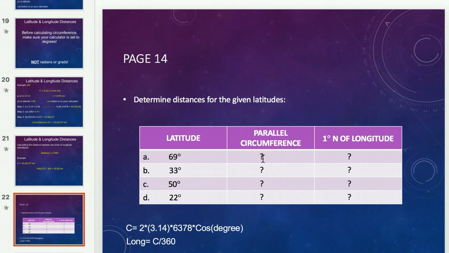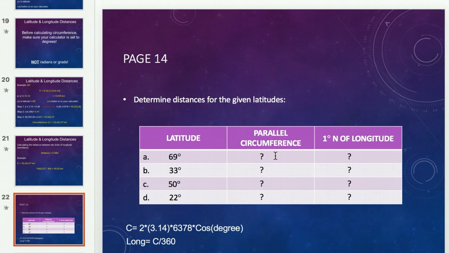For this one, you're trying to find your parallel circumference. Parallel circumference is going to be C, so I like to write a C right here. To find that, you do 2 times 3.14 times 6,378 kilometers, times the cosine of 69, which is 0.36.